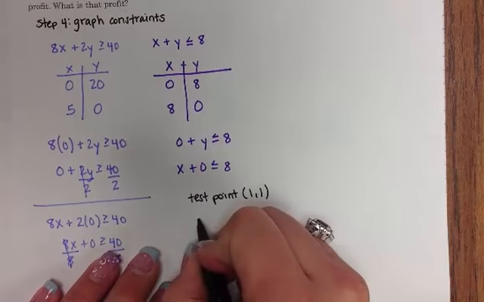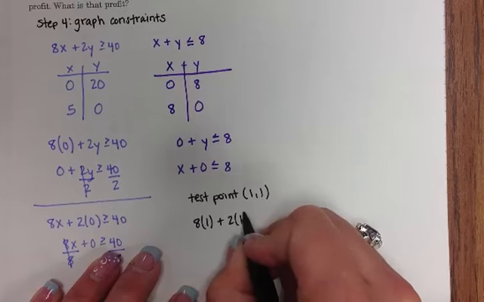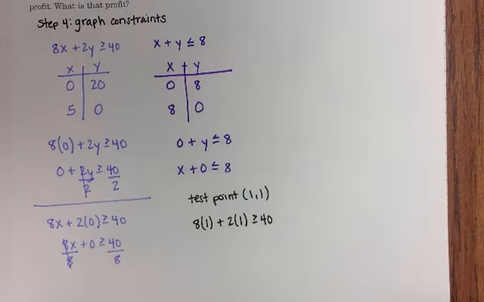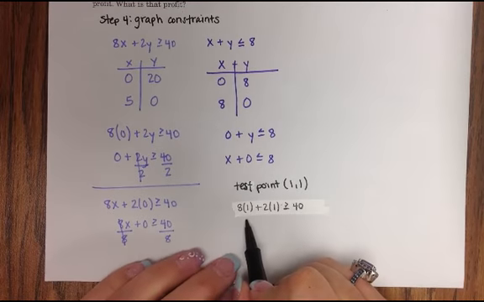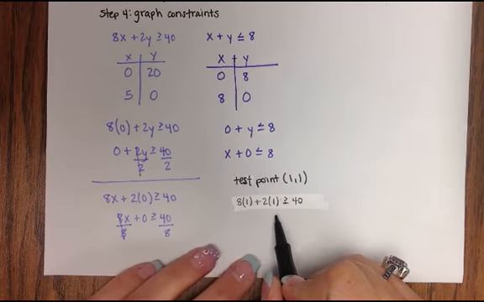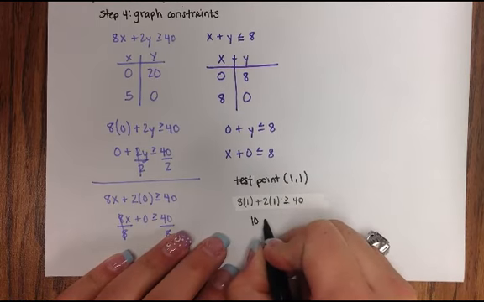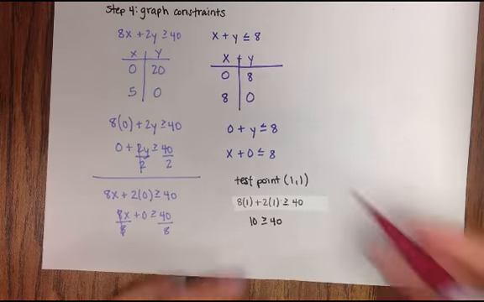So we plug in 8 times 1 plus 2 times 1 is greater than or equal to 40. So now that we've tested our first constraint, we have 8 times 1 is 8 plus 2 times 1 is 2, is greater than or equal to 40. So is it true then that 10 is greater than or equal to 40? Well, of course not. We know that that's not true.